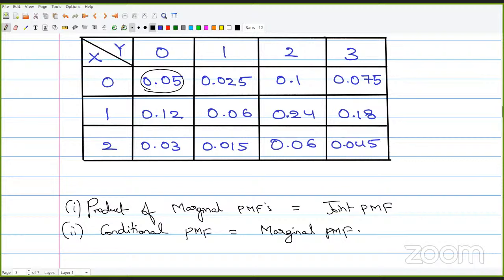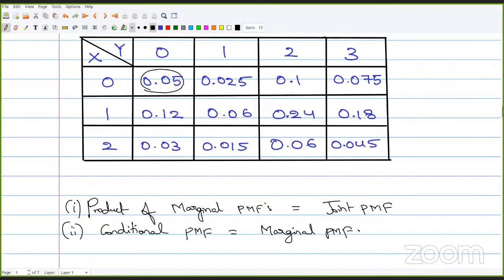If I say Y is taking 2, the probability that X equals 2 is independent of whether Y takes 3 or 1 or 0. Even if you impose a condition on one random variable, it does not affect the other random variable. So the condition is not working, and conditional converts to marginal indirectly.